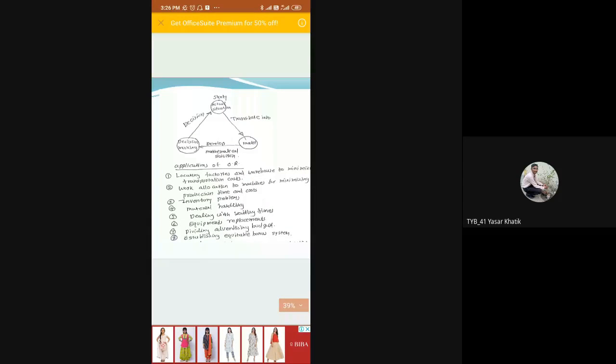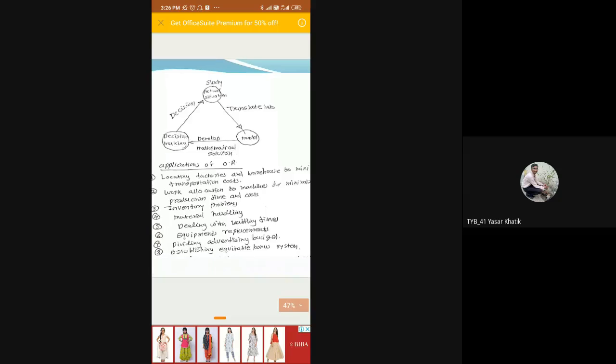In graphical form, I have shown three circles: the present situation, translate into mathematical models, then develop a mathematical solution, decision making, and go for implementation. After that, you have to verify, and if the result varies a little bit, you have to go for modification and repeat that cycle.